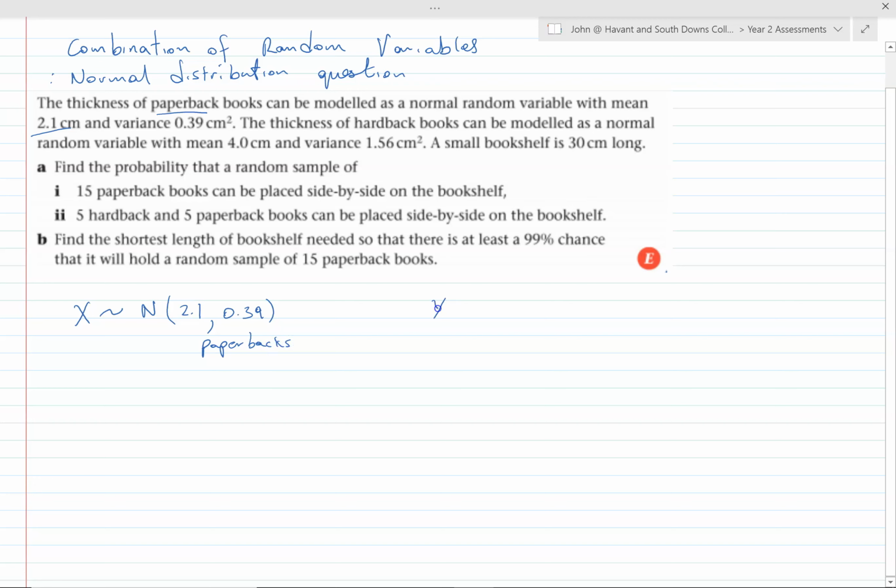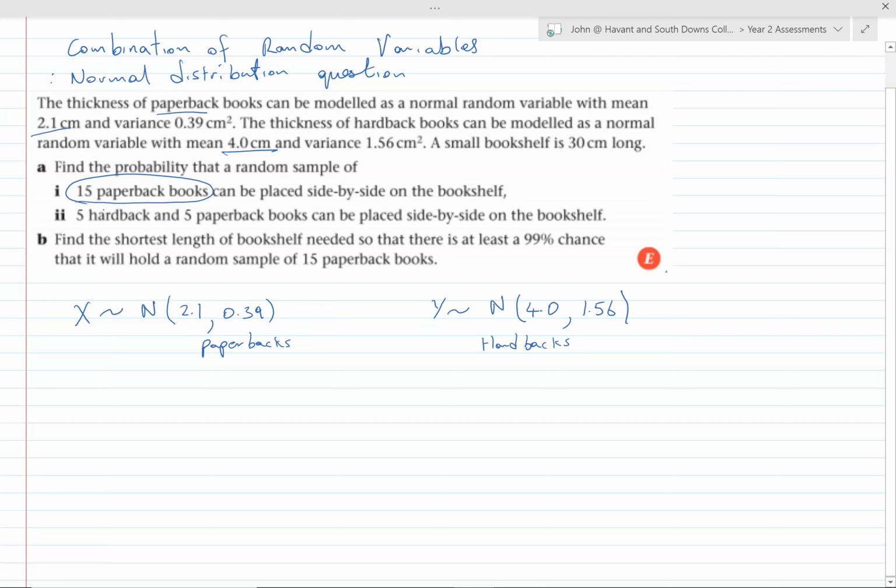And then the distribution of Y is normally distributed, and this is the hardbacks, which are thickness 4.0, and variance 1.56. That's the hardbacks. Okay, so we're considering 15 of these books.